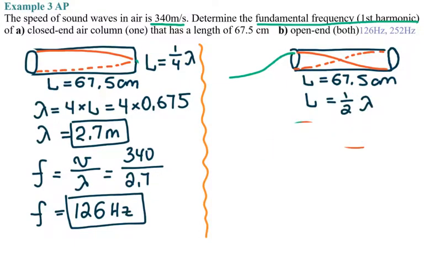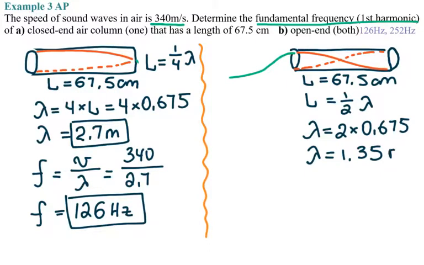That means I can find my wavelength, which is equal to 2 times L, which is 2 times 0.675, and that is equal to 1.35 meters.